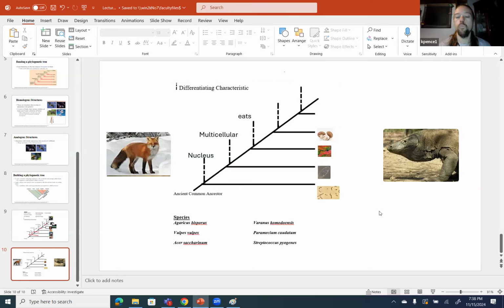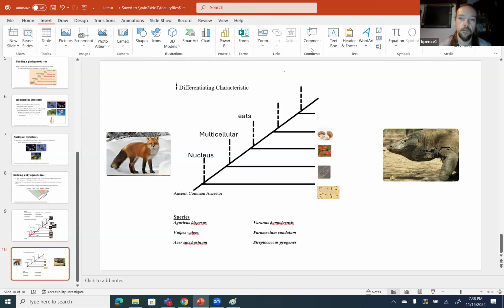So, what is special about the fox and the dragon that the mushroom kind of is left out on its own? What can we put there? I mean, this can be anything, right? What's one big difference between the mushroom and the dragon and the fox?